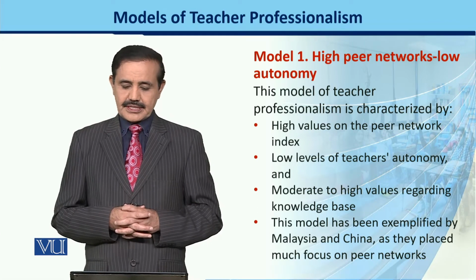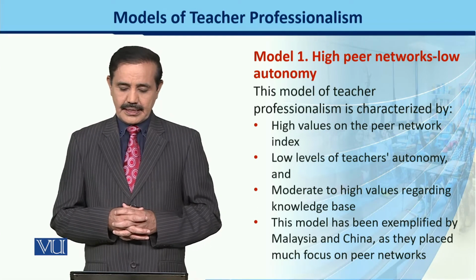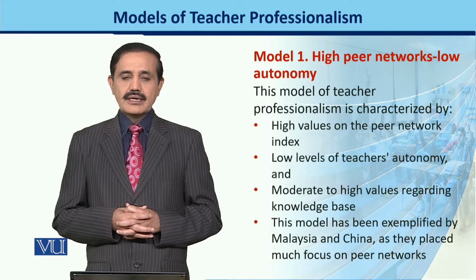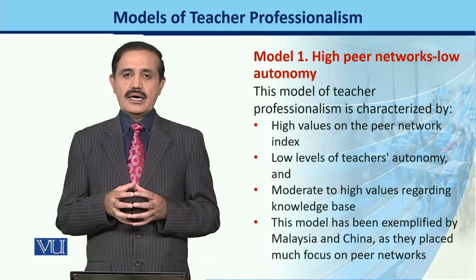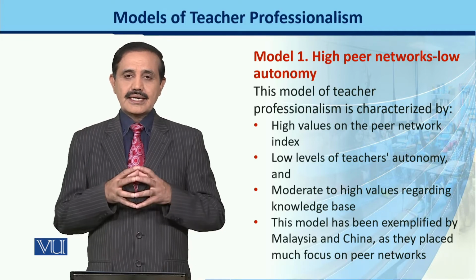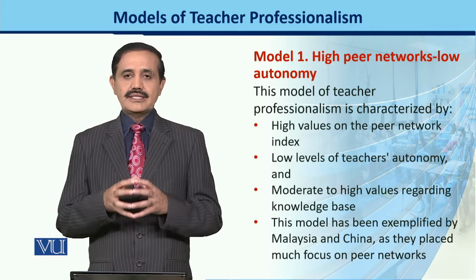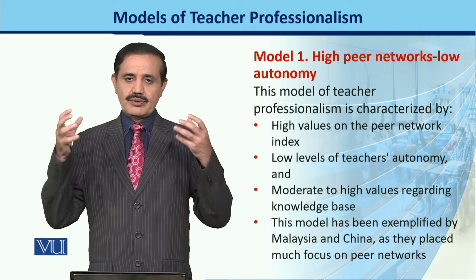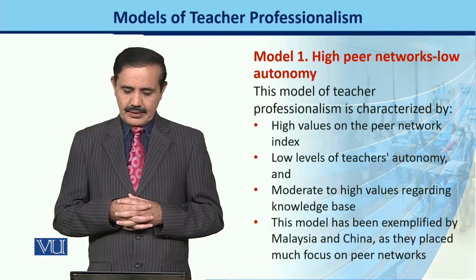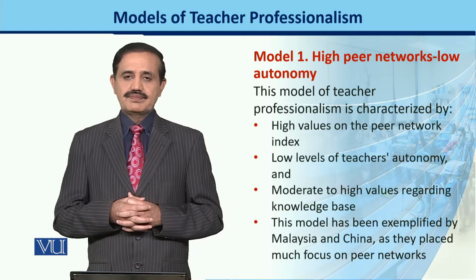This model is characterized by high values on the peer network index, how you are depending on or interacting, and the possibility of interventions by yourself and from your peer group, and a low level of the teacher's autonomy.